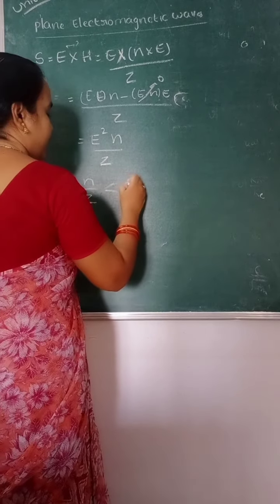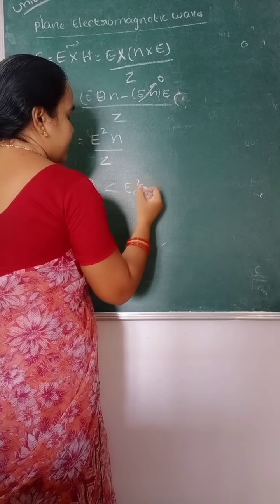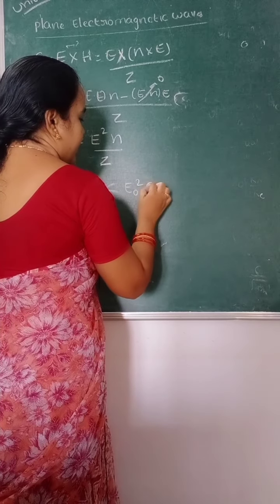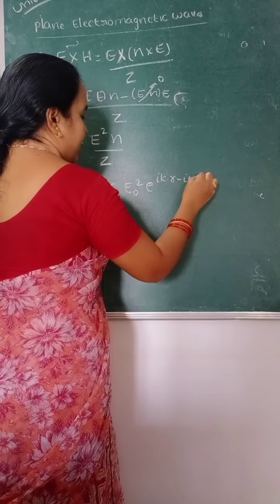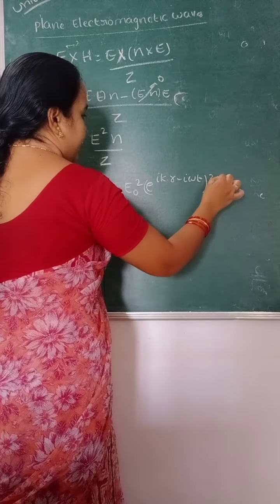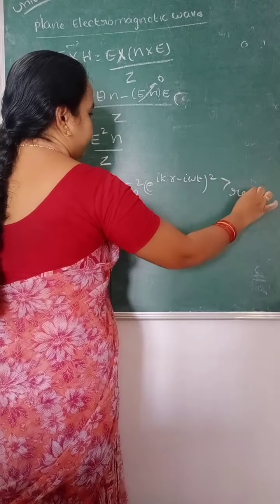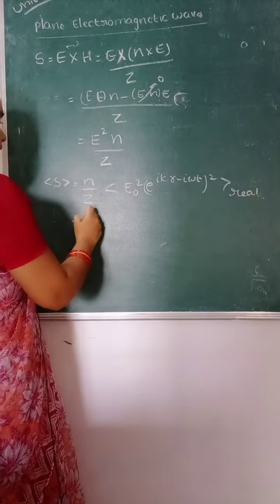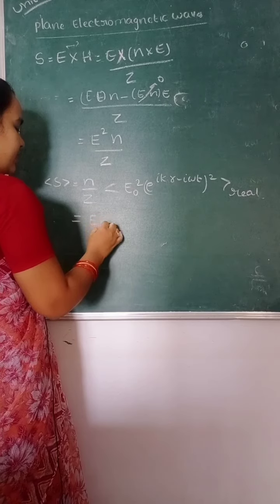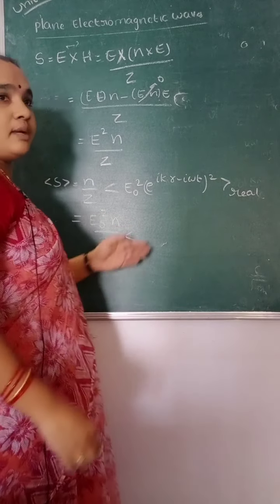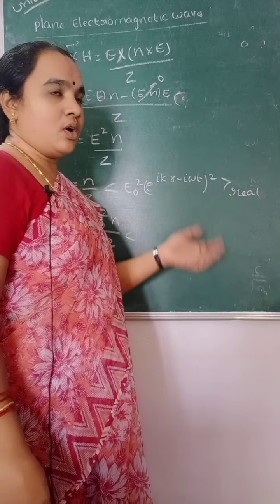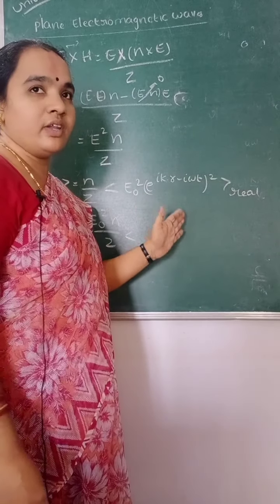E square is E naught square, E power i(K dot R minus omega t), whole square. It's a real value, so N E naught square N by Z. E power x real value is the cos value, so take the cos value and square that term.